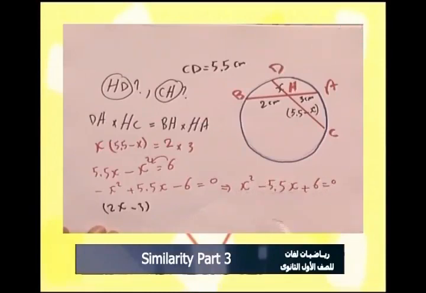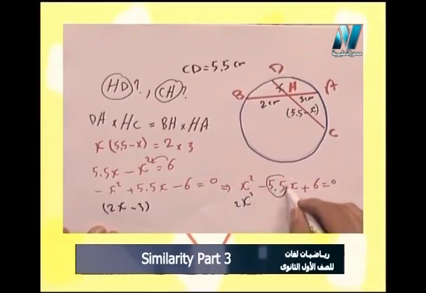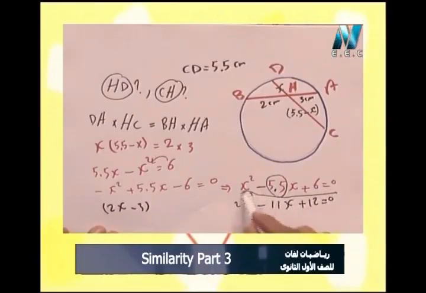It's easy for you to get 2x power 2, and we try to overcome this point. If you multiply by 2, it will be 11. It will be easy. And 6 will be 12. So it will be easy for you to factorize it.